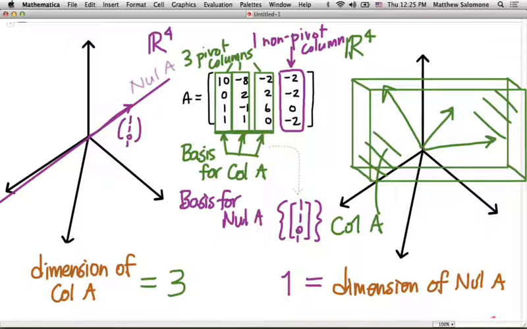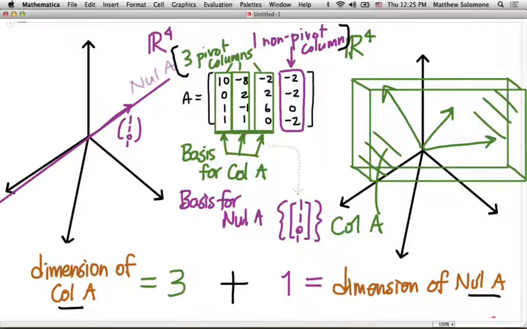So now tell me, what relationship therefore must always exist between the dimension of the column space on the one hand and the dimension of the null space on the other hand? Given where they come from. Exactly.